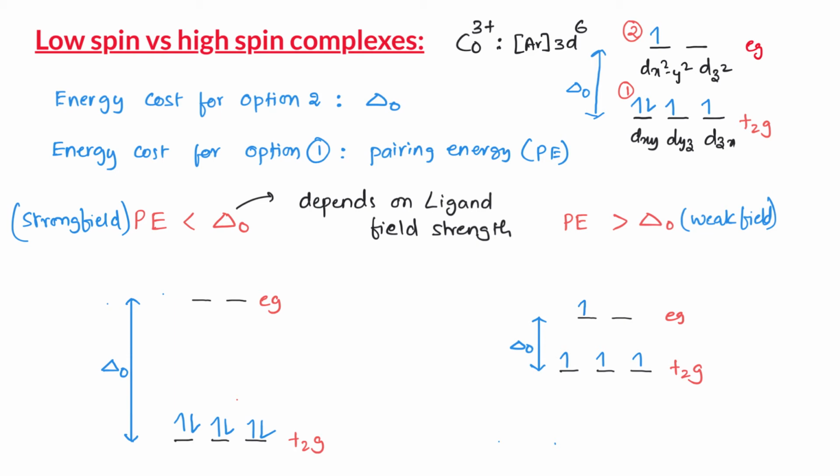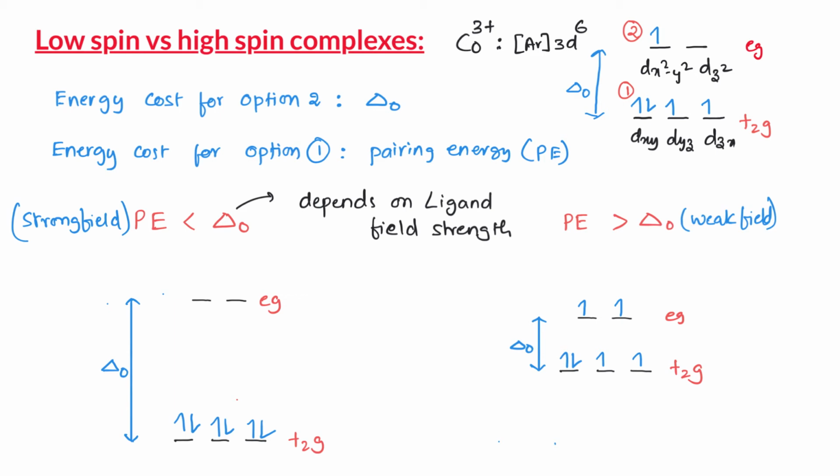We have 2 more electrons remaining. We place the 5th electron in the remaining eg orbital, and the 6th electron goes back into the t2g orbitals, pairing with the first d electron. This is the electronic configuration of the cobalt 3+ ion in the presence of a weak field ligand.